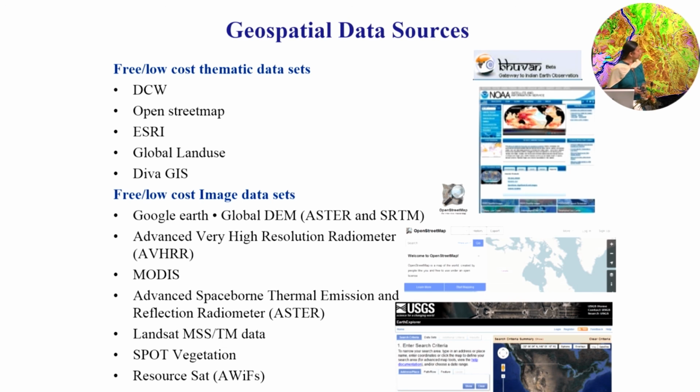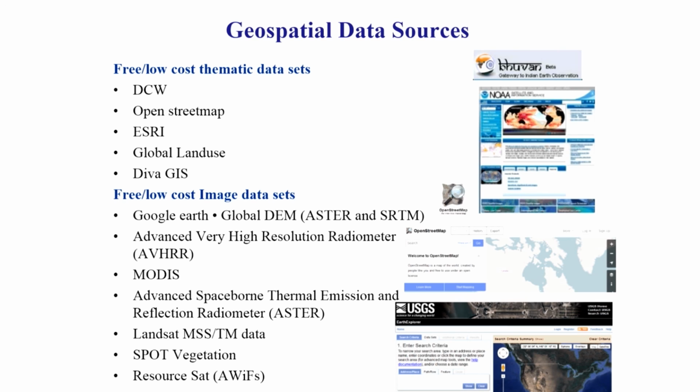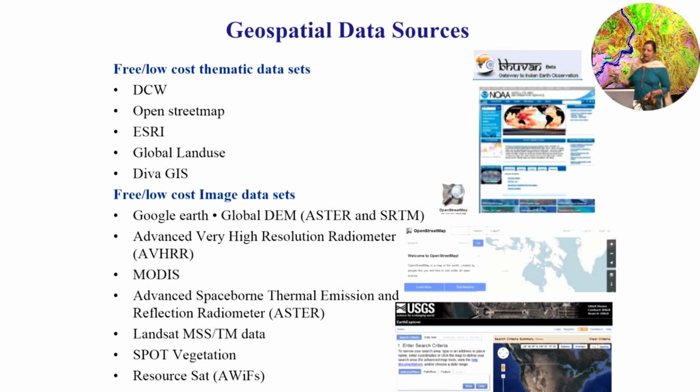And these are some of the geospatial data sources from where you can get different kinds of data sets. Bhuvan is one where all Indian satellite data sets are available. Even the thematic layers which have been generated are uploaded on it, along with, as I said, the digital elevation model.